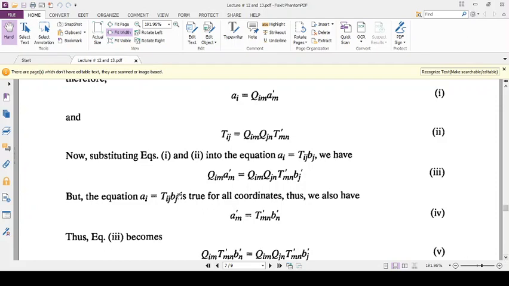But we know that this equation holds for any coordinate, so we can write this equation for the prime coordinates: a_m dash equals T_mn b_n dash. Here we have changed i to m and j to n, because we have already used i and j above.